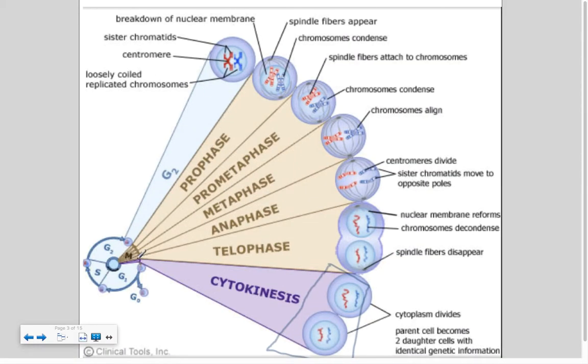Notice that when we focus on this sliver of the cell cycle, there are many processes that happen during the process of cell division. We're going to try and break this down in a way that makes them as understandable as possible. You can relate the process of cell division to the process of moving from one house to another.